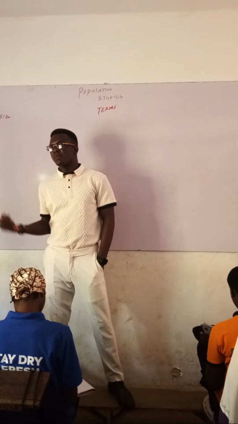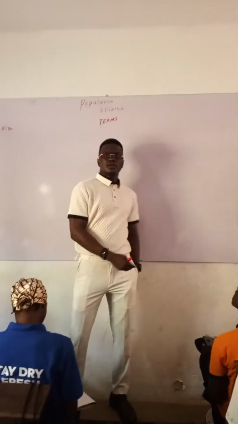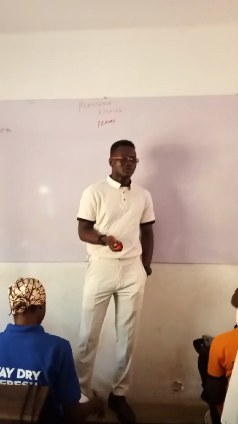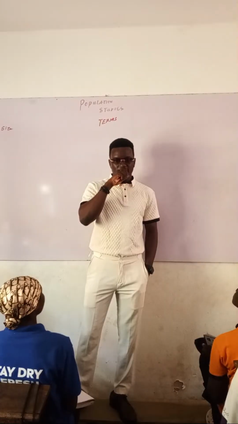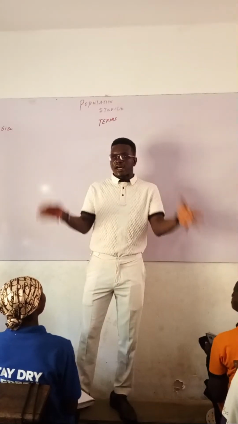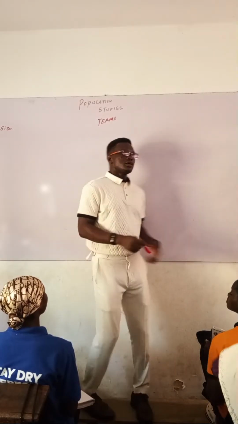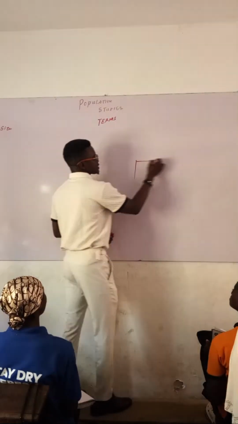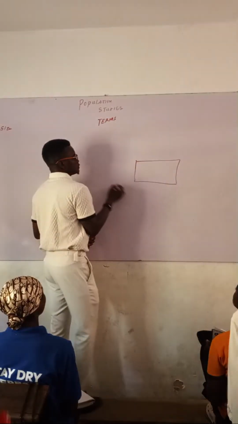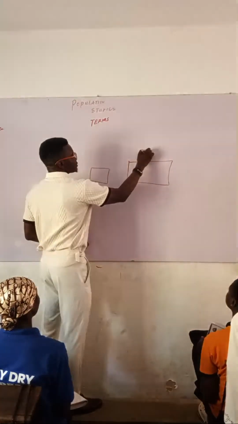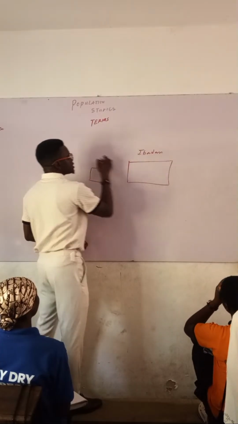So, how many of us are in this class? We want to talk about the total population of Nigeria now. Do you know that in a small area, you can have more population even than a bigger area? If I have this, and I have this is like Ibadan, this is like Lagos.